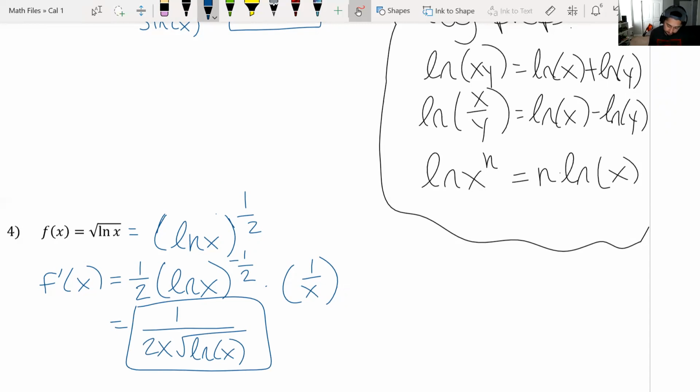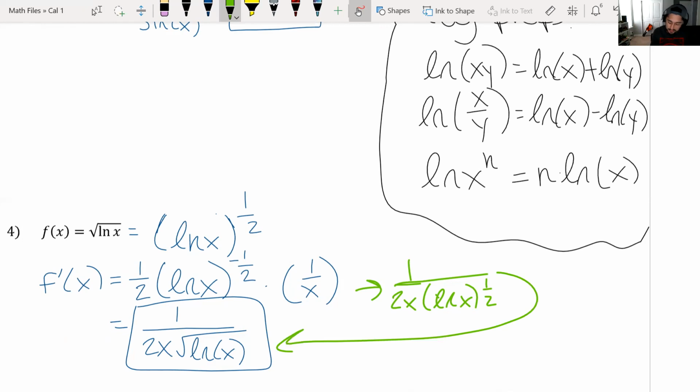I mean, the little step that I didn't put was first it could become 1 over 2x natural log x to the positive 1/2, which then brings us there.